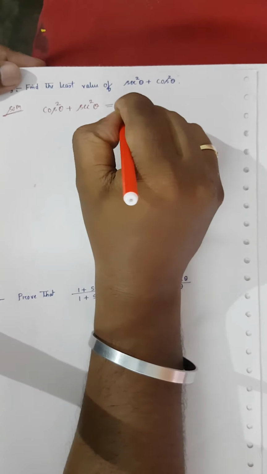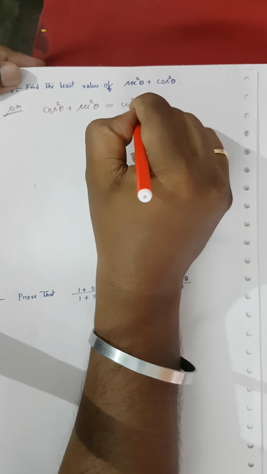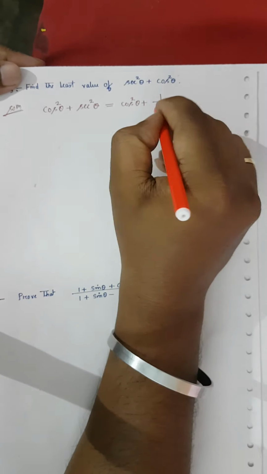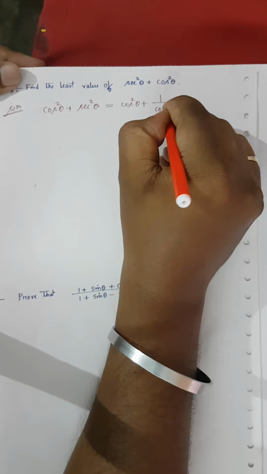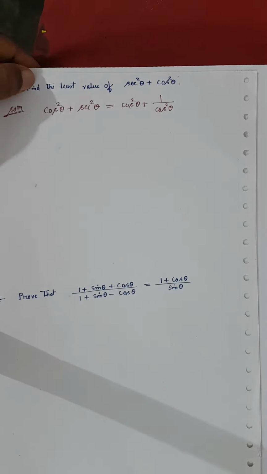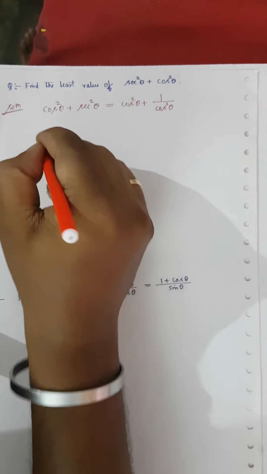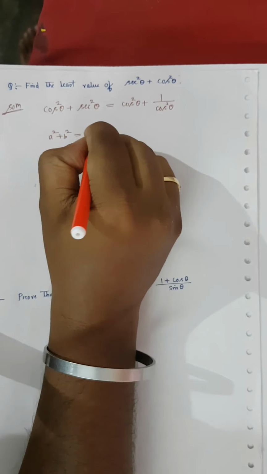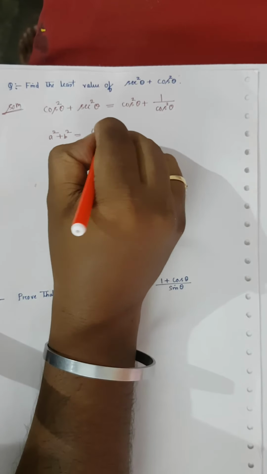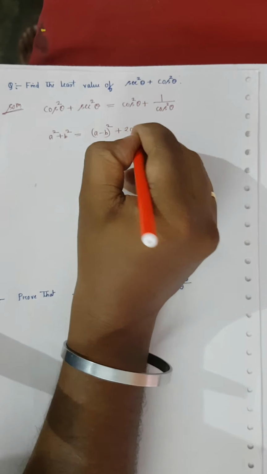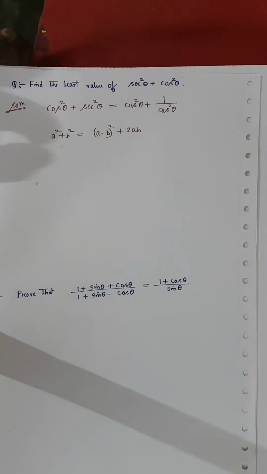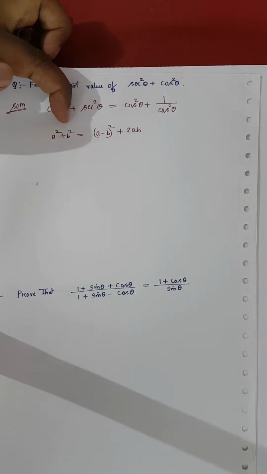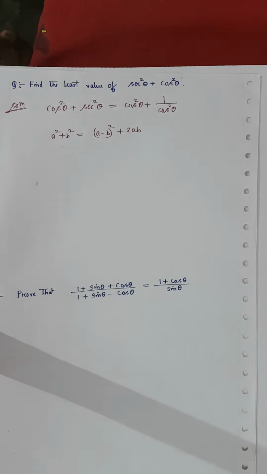So I can write this as cos square theta plus 1 by cos square theta. So if I make a perfect square, we know that a square plus b square is equivalent to (a minus b) whole square plus 2ab. You can express a square plus b square as (a minus b) whole square plus 2ab.